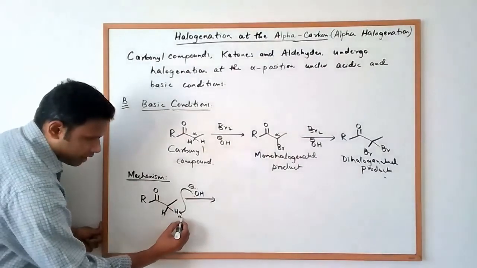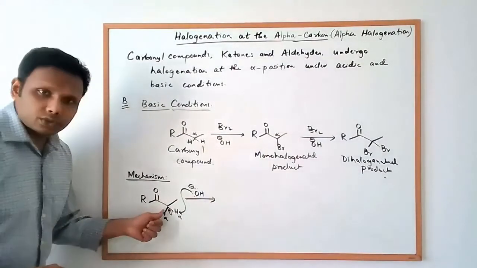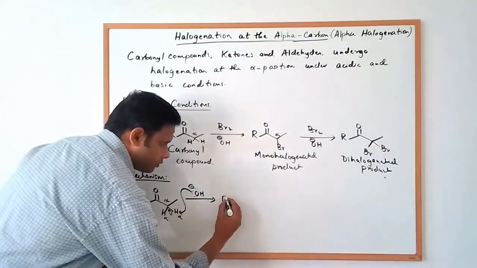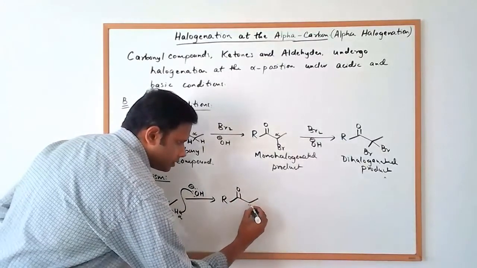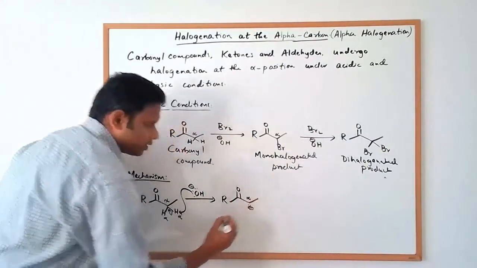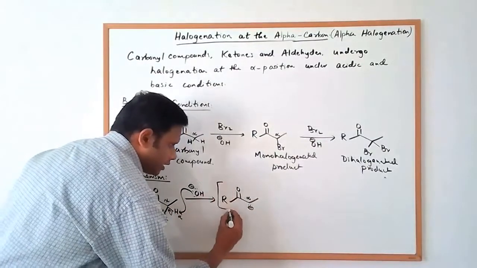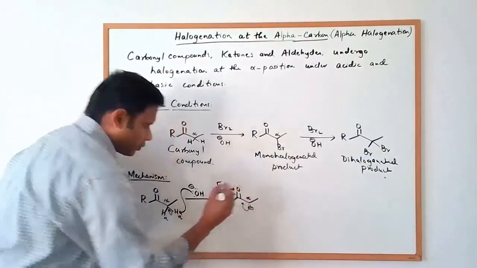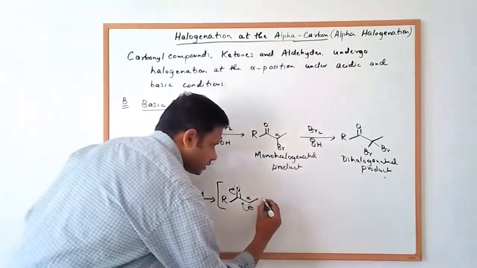Okay, that's the alpha hydrogen. It's going to deprotonate. Those electrons go to that alpha carbon. So we will get the enolate here, negative charge alpha. And recognize that the enolate here is resonance stabilized.